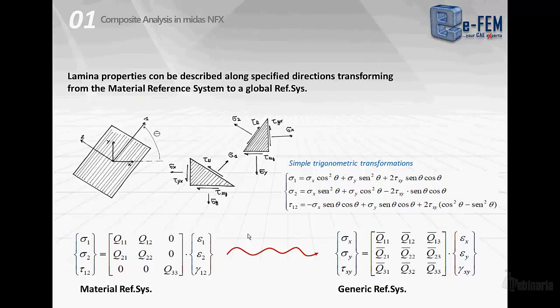In this case, we can link the two matrices, those in the material reference system and those in the generic reference system, only with simple trigonometric transformations. So we can calculate the generic matrix starting from the simple matrix in the material reference system.